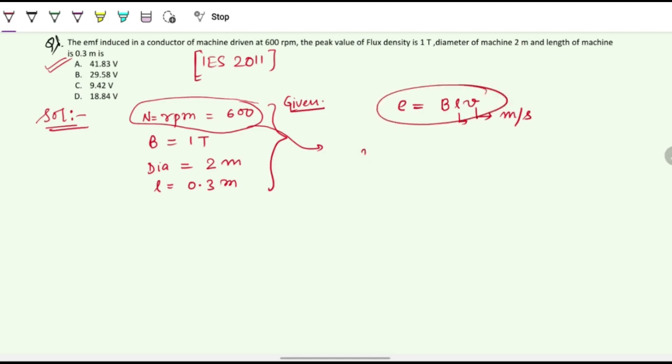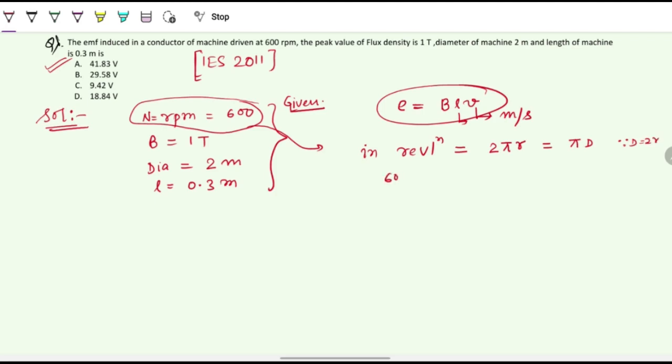So in one revolution, the machine will move a linear distance of 2 pi r, which can also be written as pi multiplied by d, since d is equal to 2r.